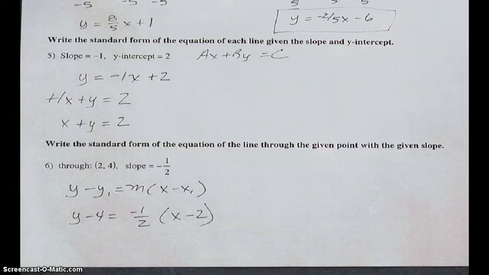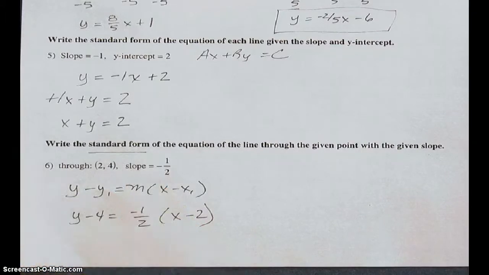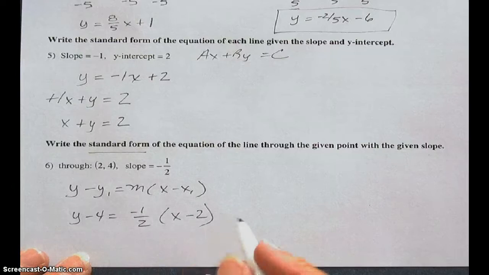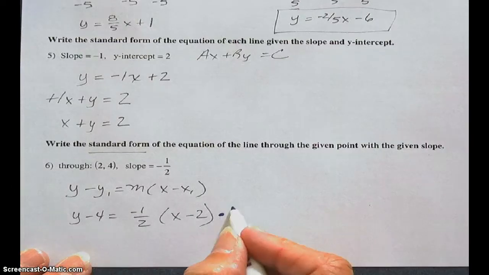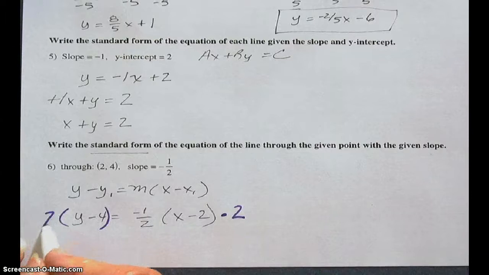When we have a fraction, because standard form has no fractions, the first thing we want to do is get rid of those fractions. So mathematically, when I have a fraction, the first step is to multiply by whatever the denominator is on both sides.